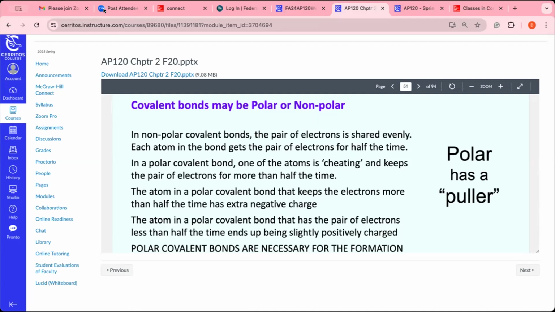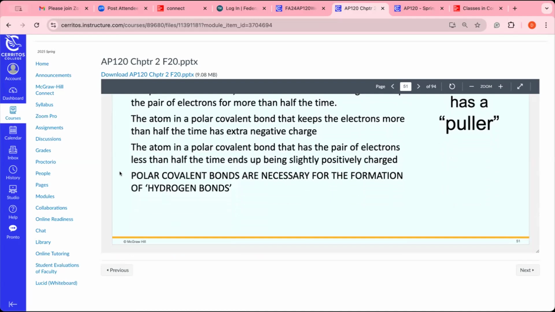The atom in a polar covalent bond that has the pair of electrons less than half the time ends up being slightly positively charged. Polar covalent bonds are necessary for the formation of hydrogen bonds.